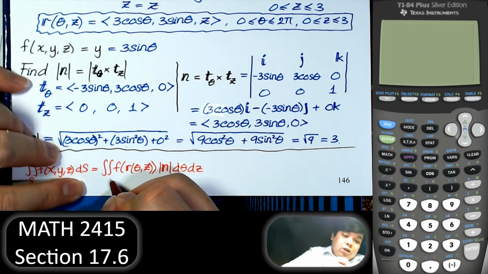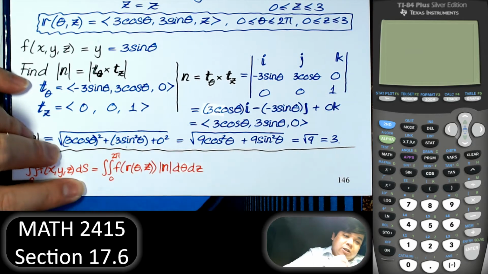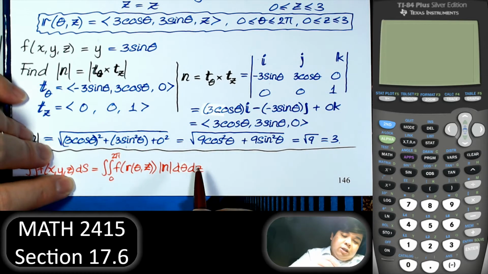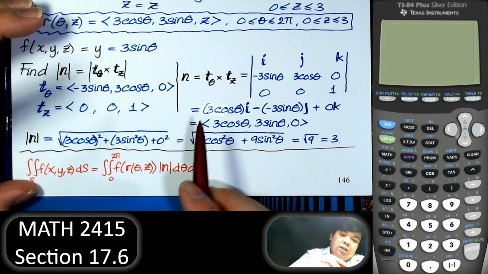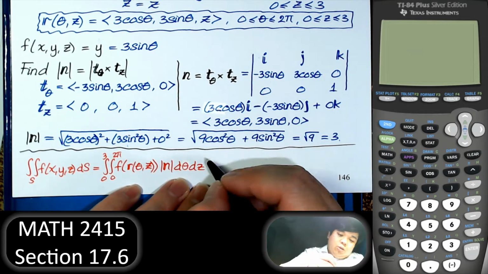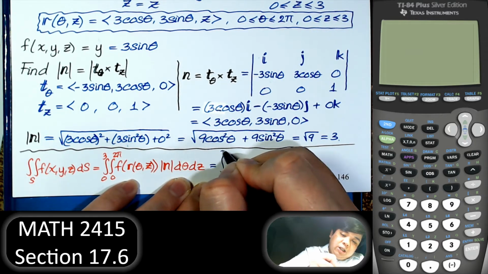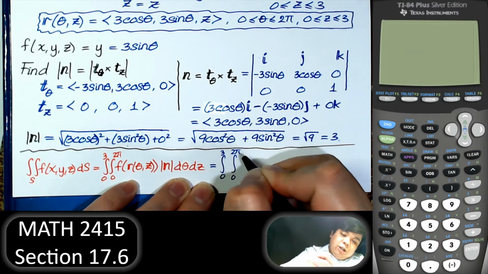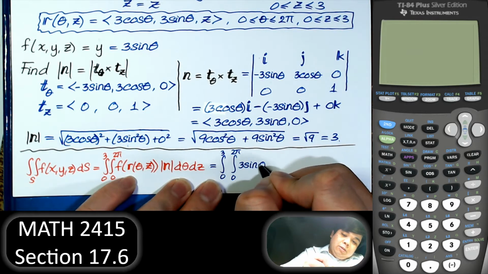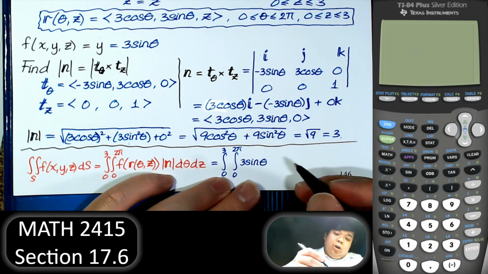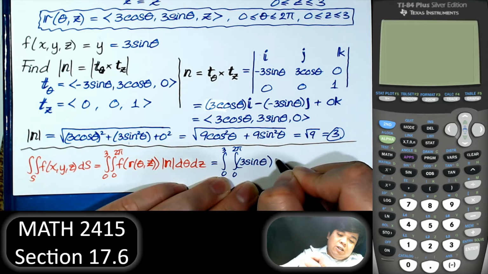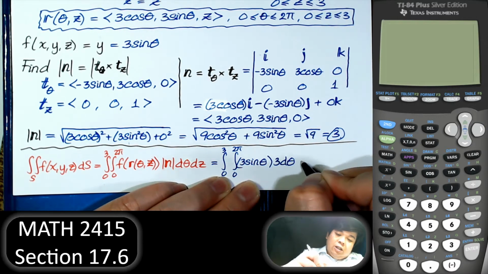And theta going from 0 to 2 pi, and z 0 to 3. Right, so in this case we have the integral of 0 to 3, 0 to 2 pi. The function is equal to 3 sine theta. The normal vector magnitude is 3. d theta dz.